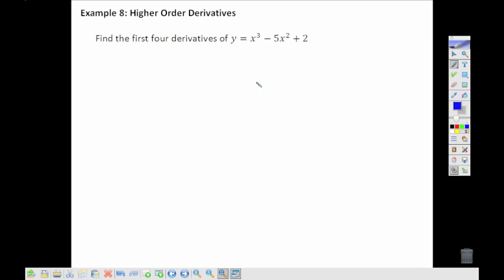So here's an example of taking multiple derivatives. If I want to take my first derivative, I think of this as y prime is 3x squared minus 2 times 5 is 10, subtract our exponent by 1, and then the 2 becomes 0. If I take my second derivative, so y double prime, 2 times 3 is 6x, I subtract my exponent by 1, my exponent is 1, so I keep the 10, subtract my exponent 0, the x is gone.